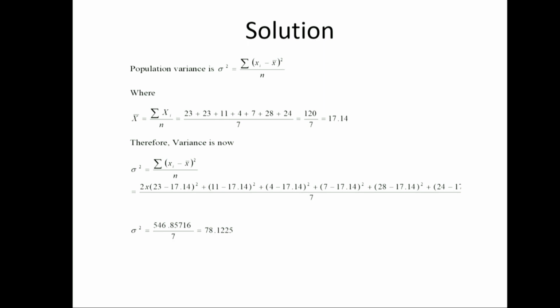So that is what we are now going to insert. Since 23 appears twice, we are going to have 2 multiplied by 23 minus 17.14 squared, plus the next one, 11 minus 17.14 squared, plus 4 minus 17.14 squared, plus 7 minus 17.14 squared, plus 28 minus 17.14 squared, plus the last one, 24 minus 17.14 squared.